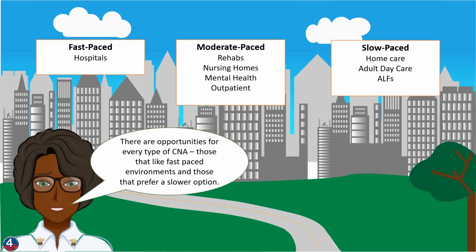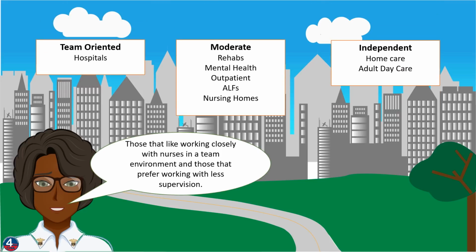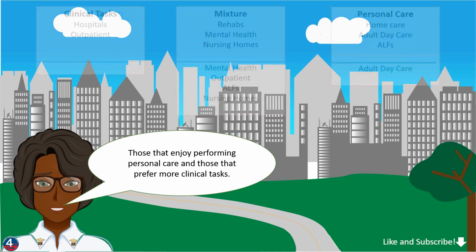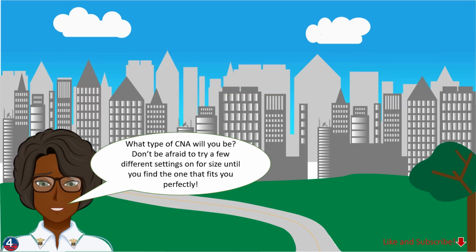There are opportunities for every type of CNA, those that like fast-paced environments and those that prefer a slower option, those that prefer a lot of variety and those that prefer routines, those that like working closely with nurses in a team environment and those that prefer working with less supervision, those that enjoy performing personal care and those that prefer more clinical tasks. What type of CNA will you be? Don't be afraid to try a few different settings on for size until you find the one that fits you perfectly.